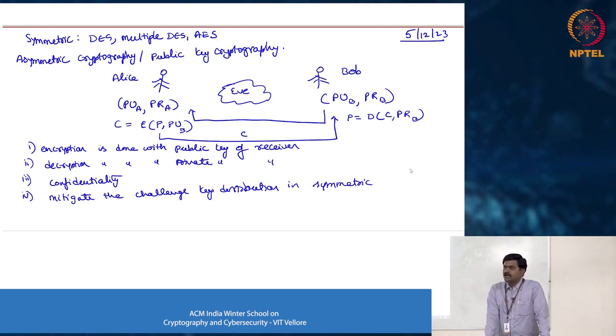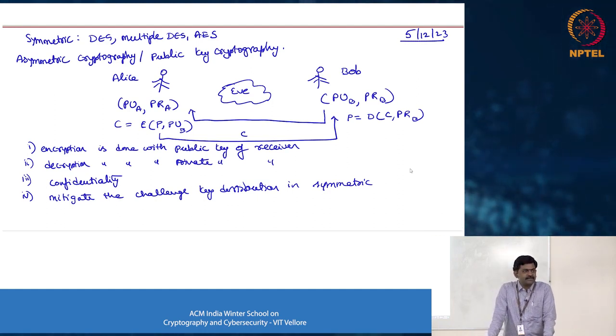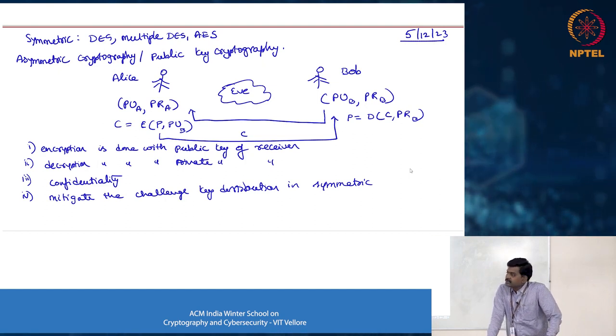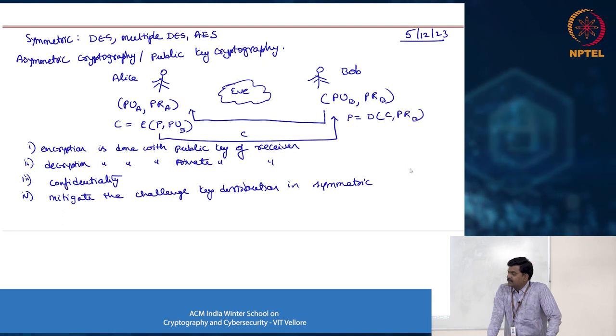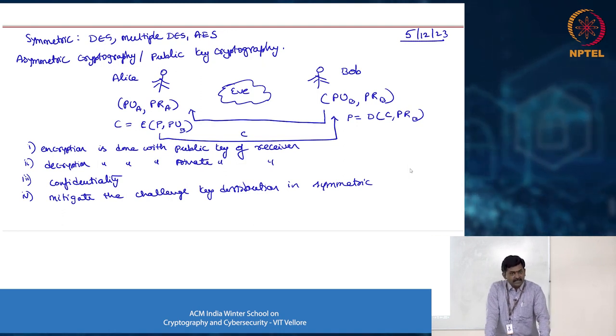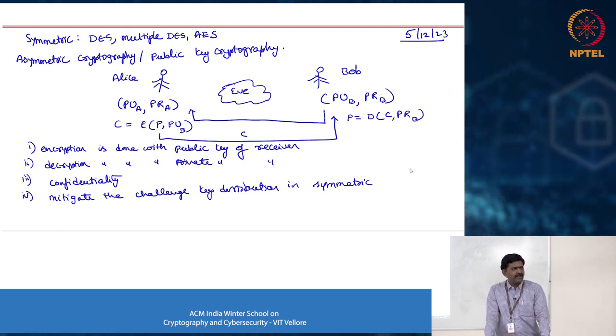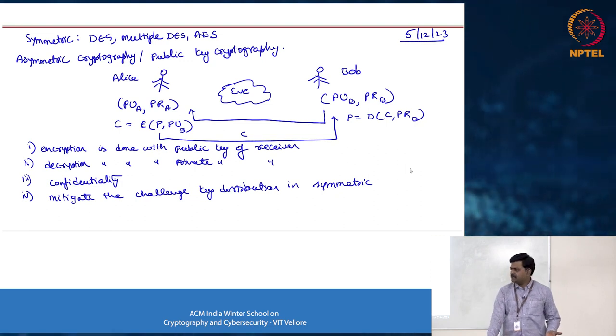Because in order to perform encryption and decryption in symmetric crypto systems, you need to exchange the keys. Now there is no need to exchange the keys, right? And even the maintenance of the keys, if I keep my key pair with me, that is fine enough.